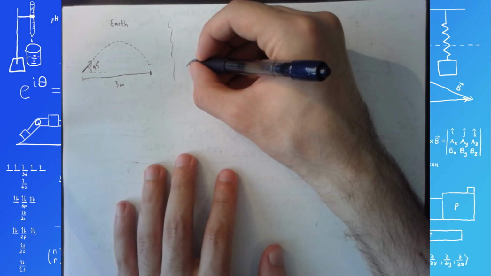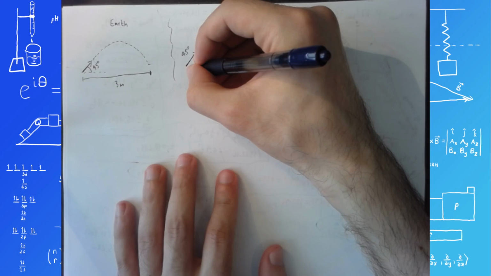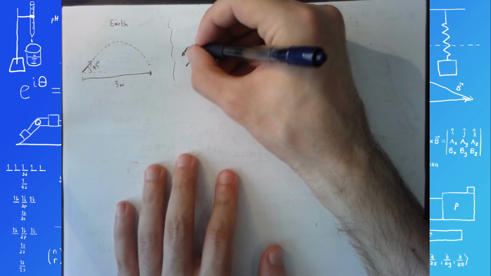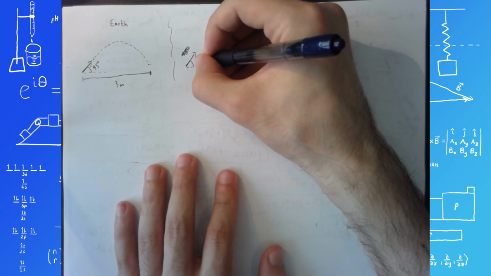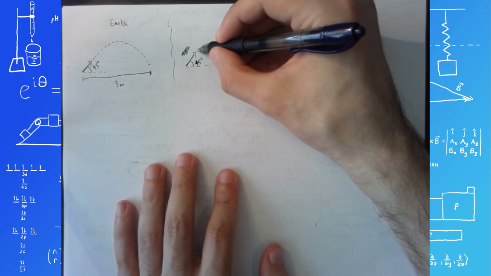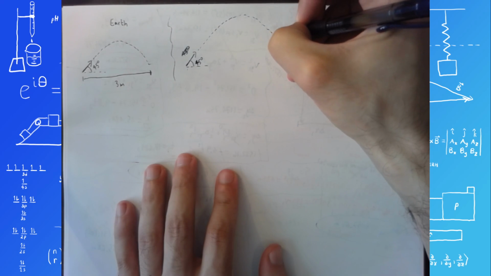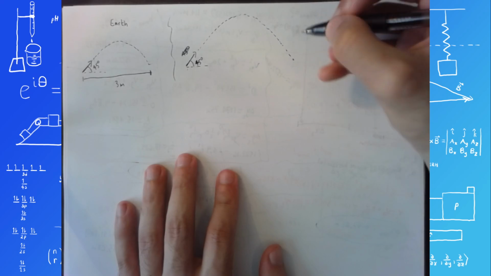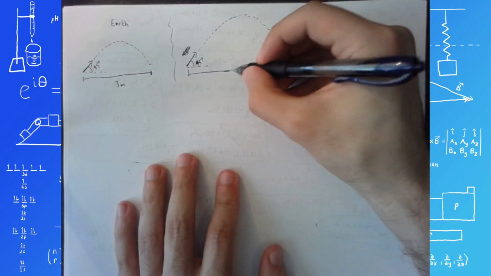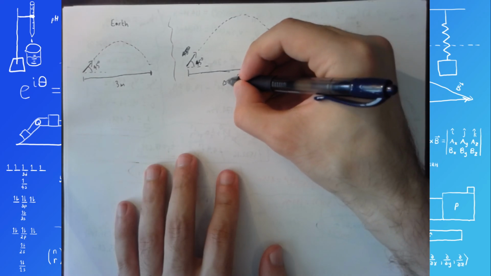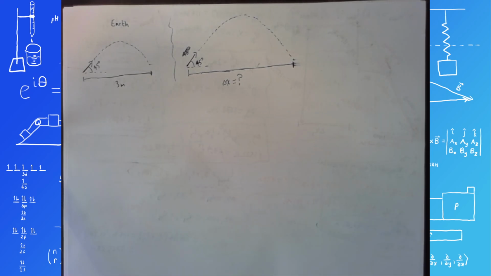So if they jumped at a 45-degree angle on the moon, they'd go higher, of course, and land farther away, but the question is, how much farther away? That is the question being asked here.